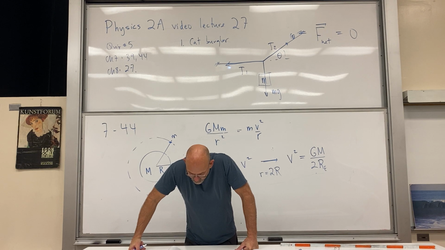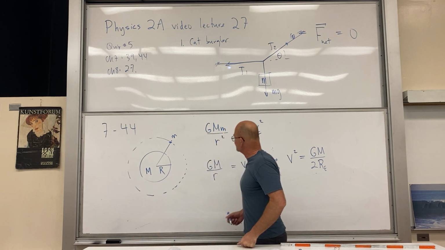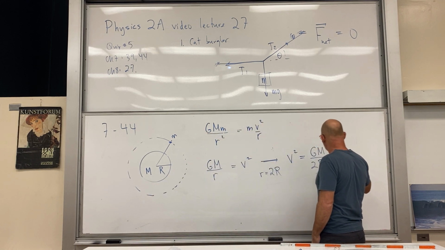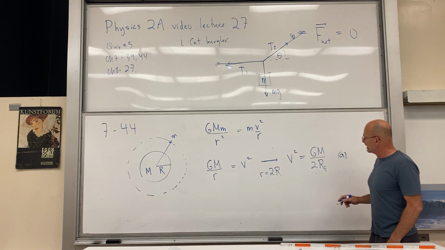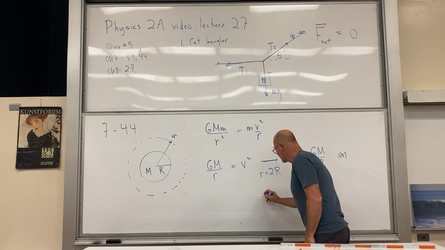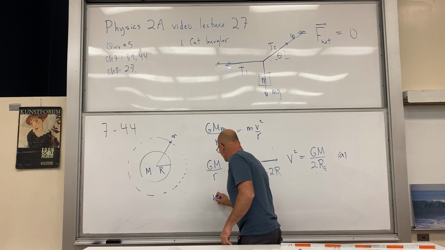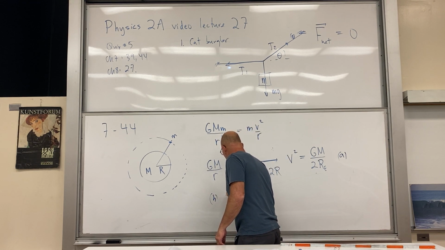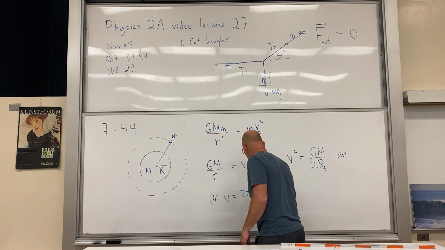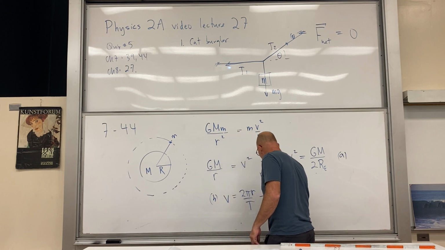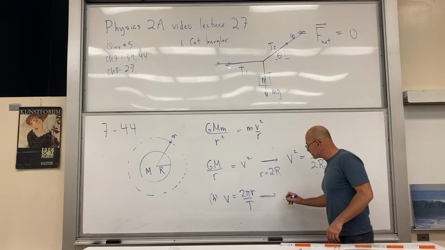So that's the satellite's orbital speed, the period of its revolution, and the gravitational force acting on it. So that was A. Like I said, take the square root of both sides. Now the period of its revolution, so for B, we're just going to write v equals 2 pi radius over T, and then we'll solve for the period, right?